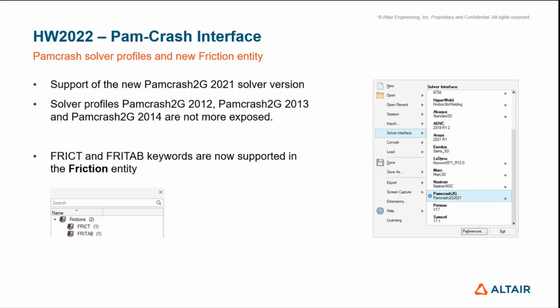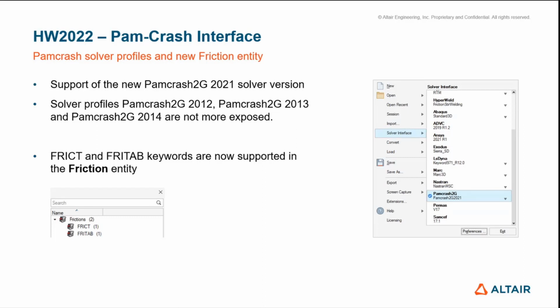And here as well, as part of our continual effort to align the different entities across the profiles and the keywords mapping consistency across the profiles, you see now the friction entity available in the PAM-CRASH interface with the mapping of the FRIC and FRIC_TAB keywords.